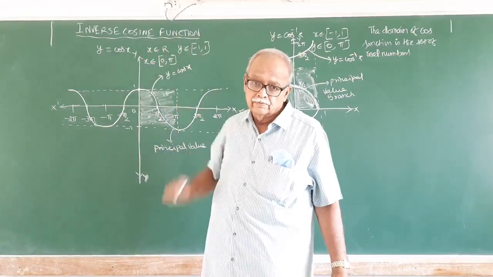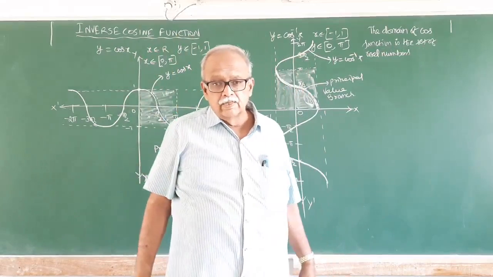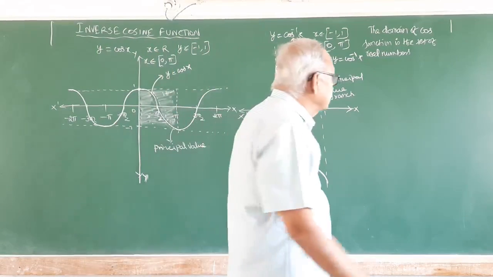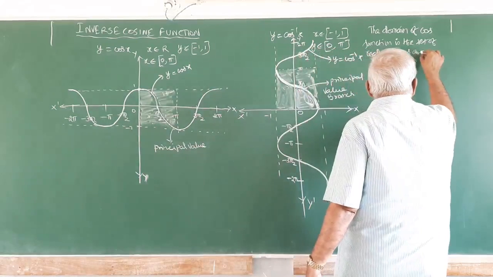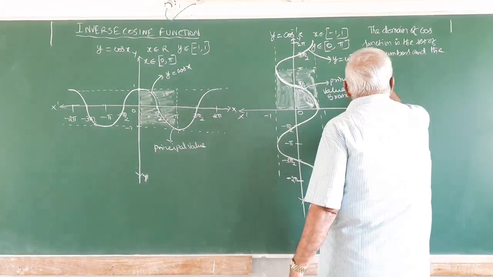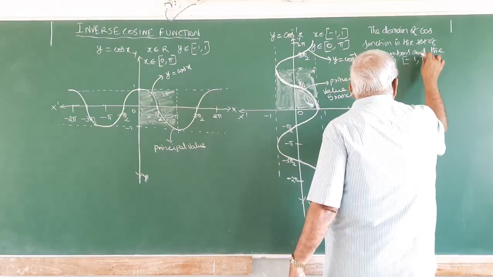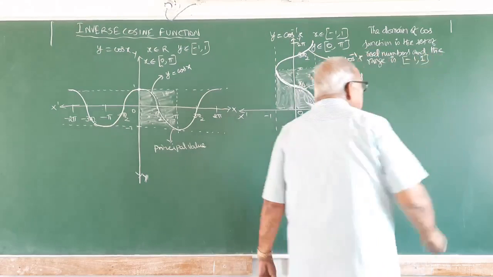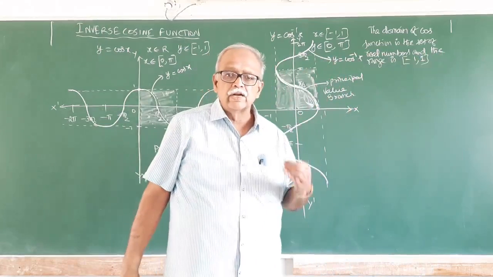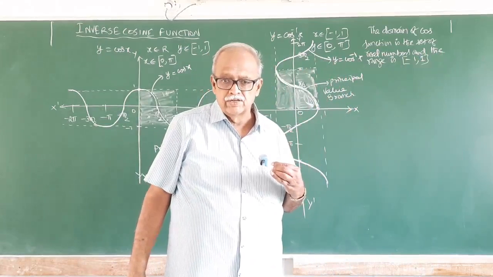Already it is there. And what is the range of cos function? The range of cos function is the closed interval minus 1 comma 1.